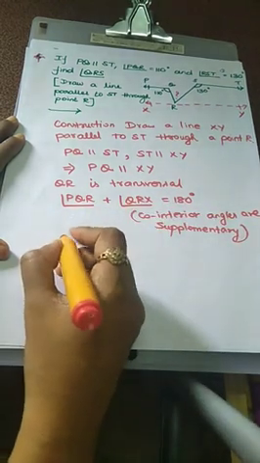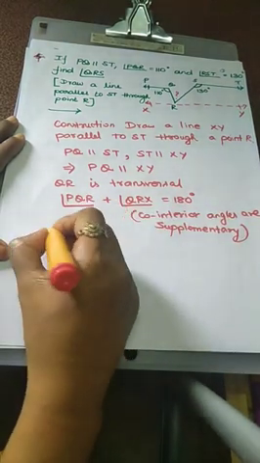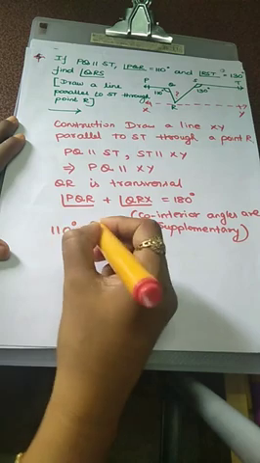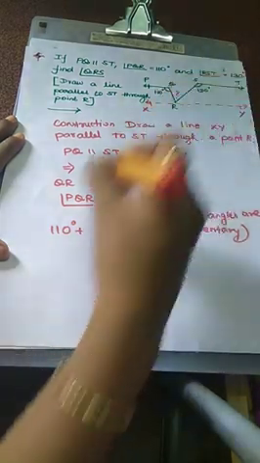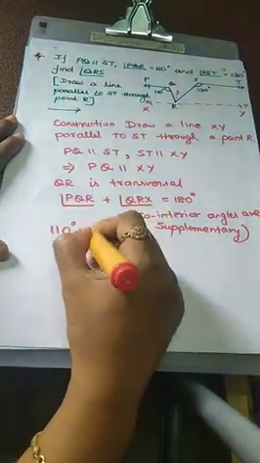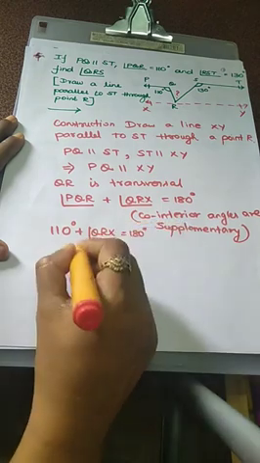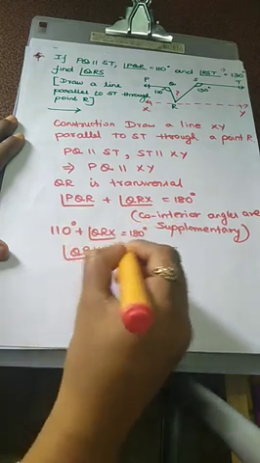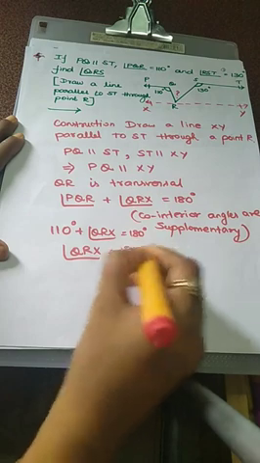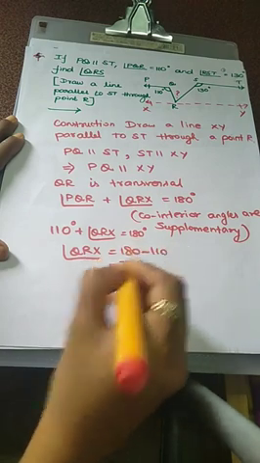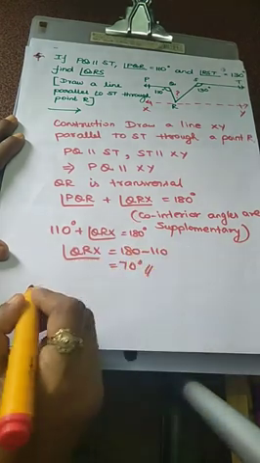The PQR value that is given is 110 degrees, plus QRX is equal to 180 degrees. So QRX is 180 minus 110, that is 70 degrees. This is the first value.